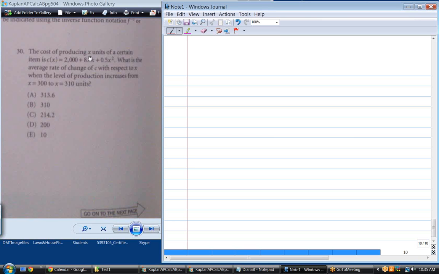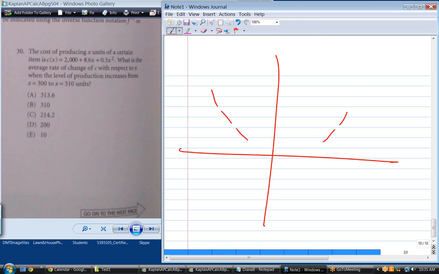Okay, in other words, if I were to graph this thing, looks like some sort of a parabola, where, I don't know, maybe it does something like that. And as we go from 300 units on the x-axis to 310 units, well, the average rate of change is that rise divided by this run.